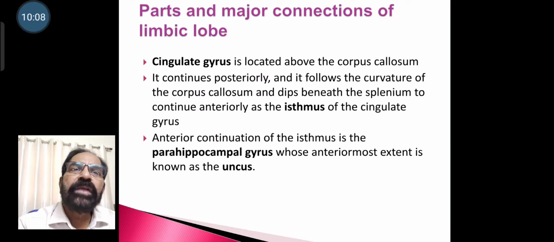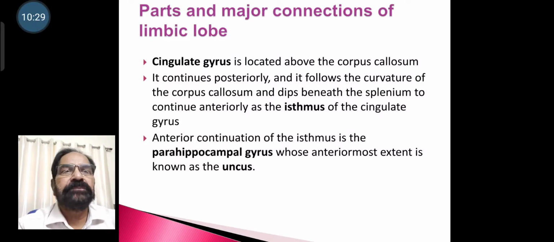Cingulate gyrus is located above the corpus callosum. It continues posteriorly and follows the curvature of corpus callosum, dips beneath the splenium to continue anteriorly as isthmus of the cingulate gyrus. Anterior continuation of the isthmus is the parahippocampal gyrus, whose anteriormost extent is known as the uncus.